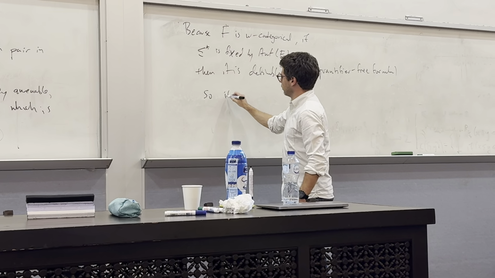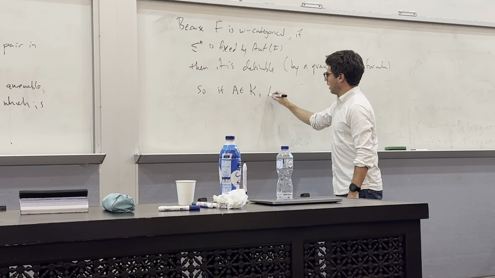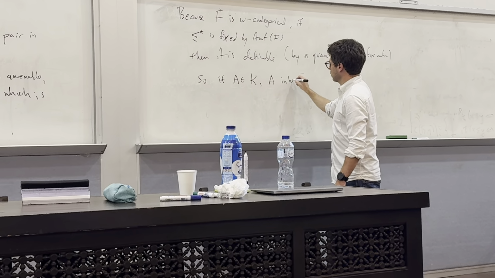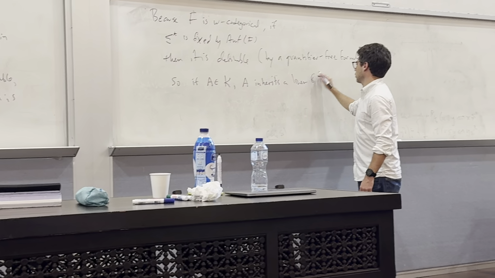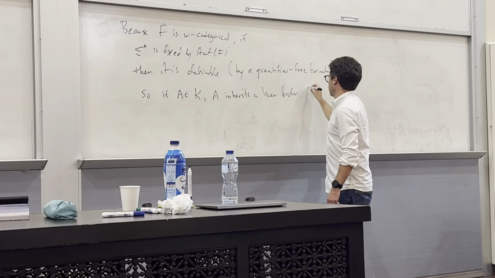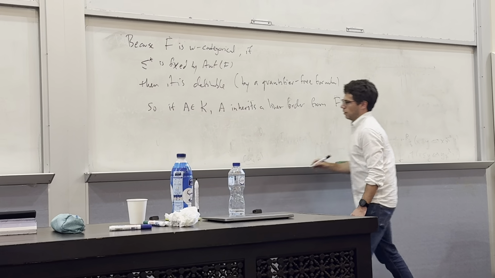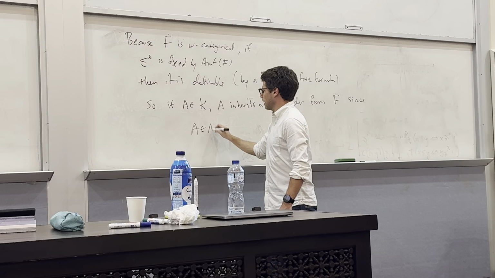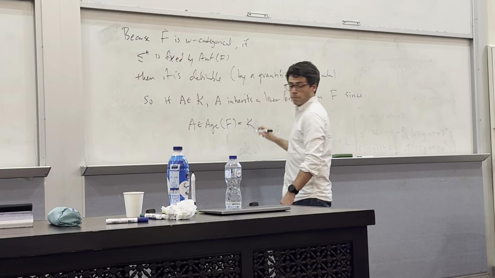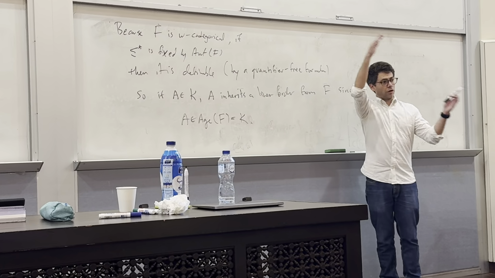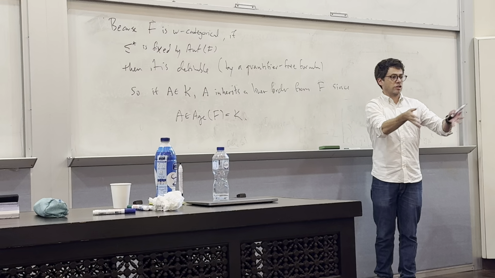So if A is in K, then A inherits a linear order from F, since A is necessarily in the age of F, which is K. So if you have a linear order on a structure, then that induces a linear order on all the substructures by restriction, right?